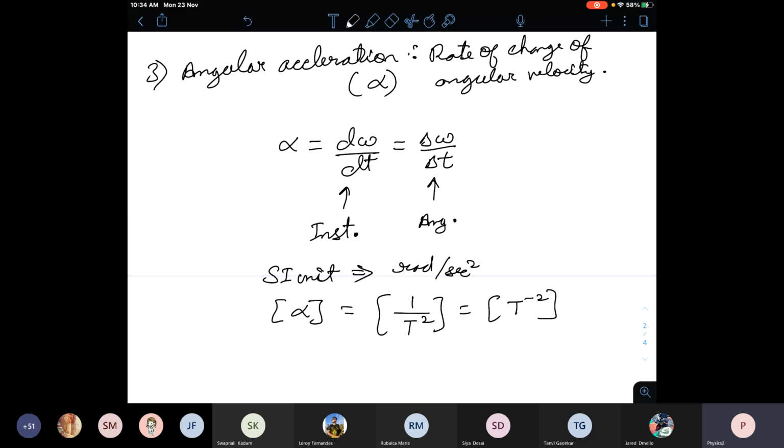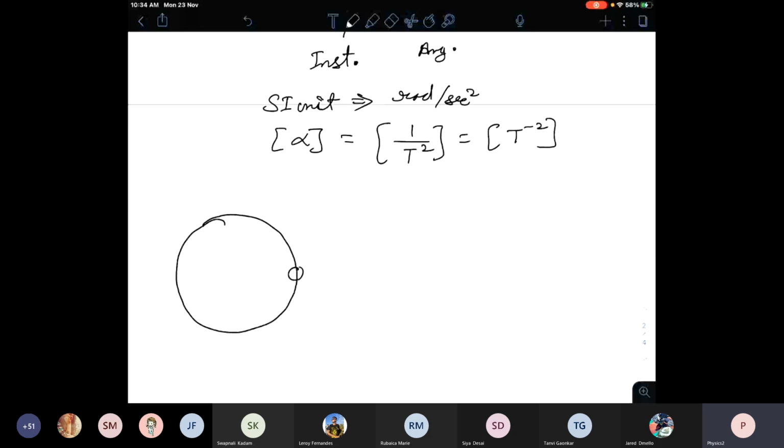For example, suppose I have a particle whose angular velocity is in the anti-clockwise direction. It can have angular acceleration in the anti-clockwise direction also, and in the clockwise direction also. Both are correct, it depends on the situation.